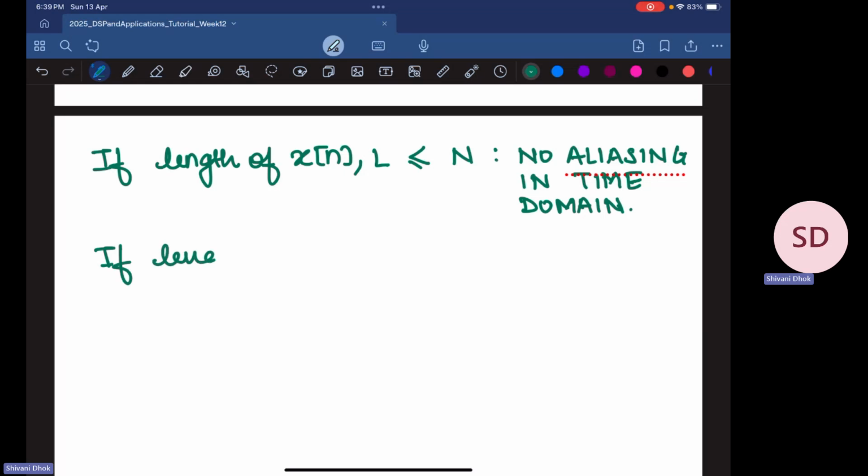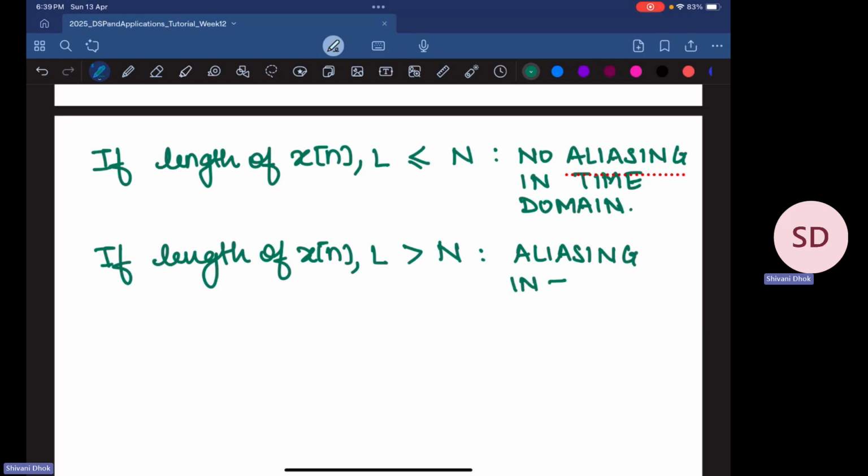If the length of x of n, that is L, is greater than n, then we have aliasing in time domain. So what does this mean?